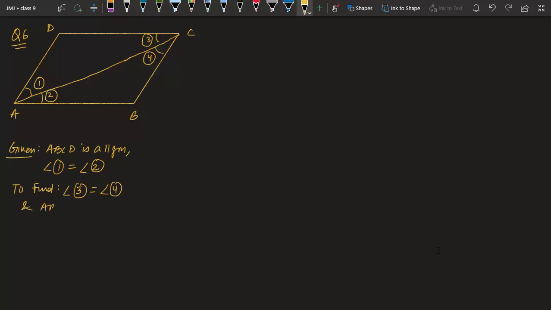For rhombus, the first criteria is to prove a parallelogram, which is already given, and second criteria is to prove all sides equal. So if we are able to prove these two things, we can say it is a rhombus. Now think, how can you prove angle 3 equal to angle 4 with the given things? Please think.